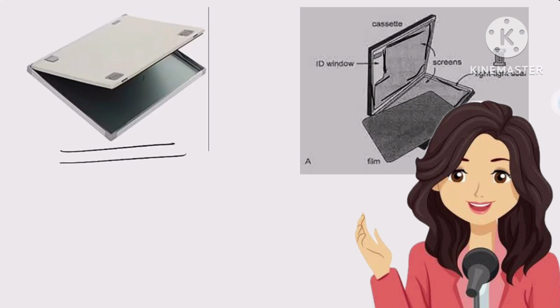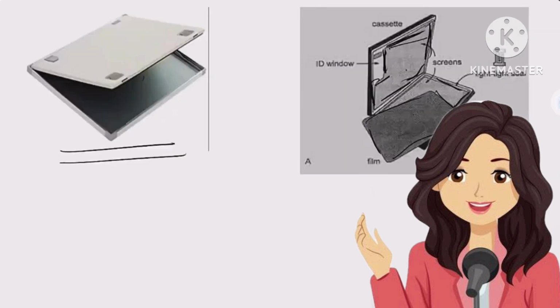In that cassette, when you open it, you keep this film, which is our screen film, which can be blue light sensitive or green light sensitive based on the composition. All right. When you place the film inside the cassette, you close the cassette and then you take the X-ray. Now, what do these intensifying screens do?